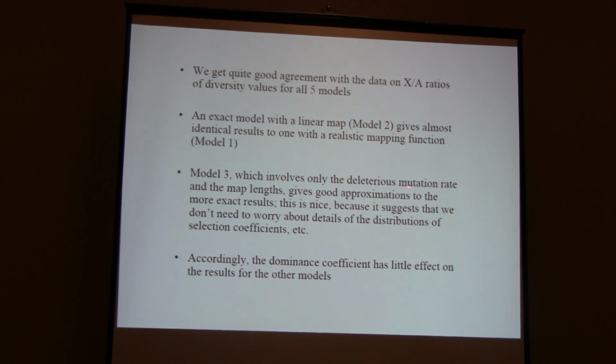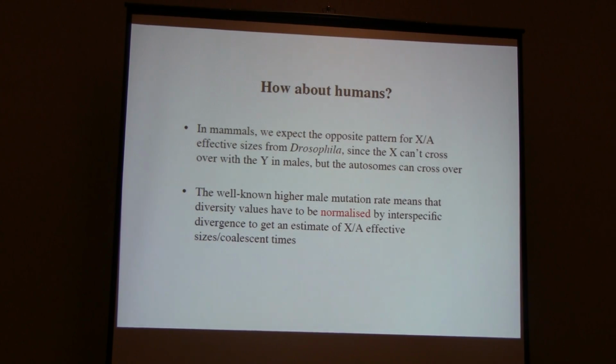It only involves the deleterious mutation rate and map lengths. That suggests that we don't have to worry too much about knowing all this stuff about distribution of selection coefficients, etc., for these broad brush comparisons. And of course, as you might expect from this result, the dominance coefficient doesn't play much of a role, provided it's not close to 0.